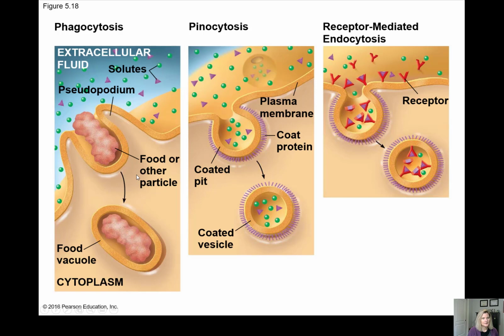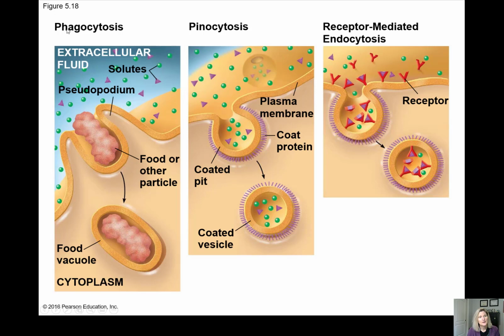Okay, so here are some more examples. We have a couple examples of endocytosis here. In endocytosis, remember, we're bringing a large molecule into the cell. If it's a case of some sort of food or a larger particle, the form of endocytosis we're talking about is phagocytosis.